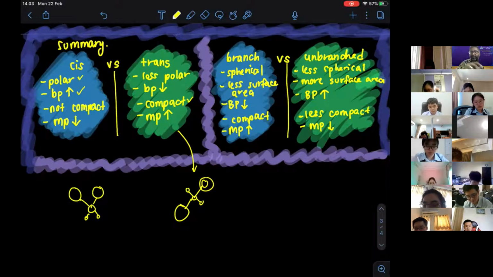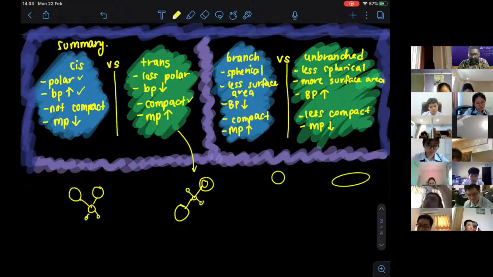Branched will have a more spherical shape. Unbranched will have a less spherical shape. So you are going to have this kind of situation. If you have a lot of circles around, there will be less surface area, so the boiling point will be less. But here, because of this oval shape, it's going to be less spherical, more surface area, and a higher boiling point because of more van der Waals forces of attraction.